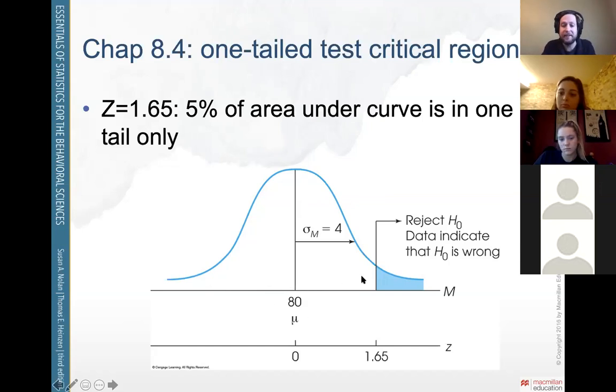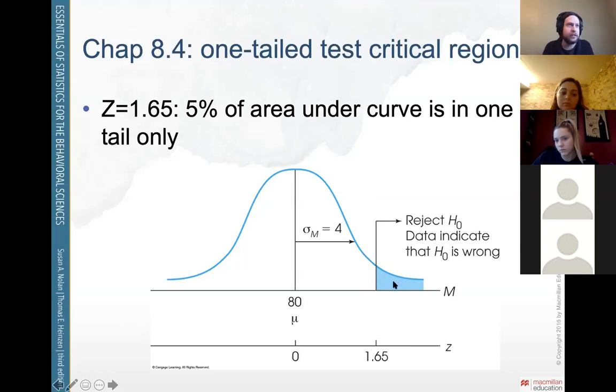If you have a one-tailed test, then if the sample mean falls somewhere in this white section at all, even way over here, then you accept the null hypothesis. For a one-tailed test, you only are willing to reject the null hypothesis if the sample mean falls in one tail. And you can see that one tail would be over here on the blue side.